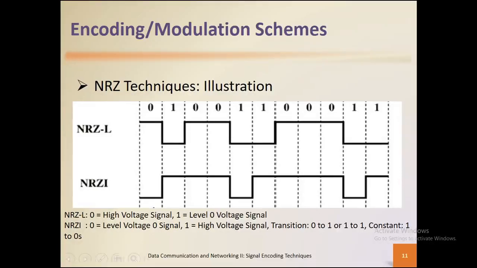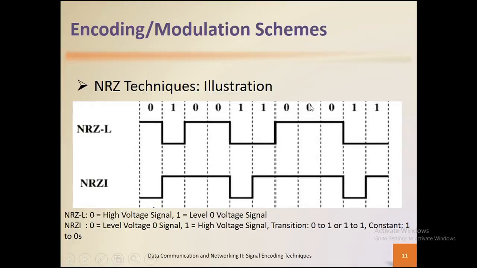Now, what if you had a 1 here, and then you had a 0 over here, or another 1 over here? How would that look? Well, let's go through that. We had a high voltage pulse, and we're moving 1 to 1, so we transition to a low voltage state.